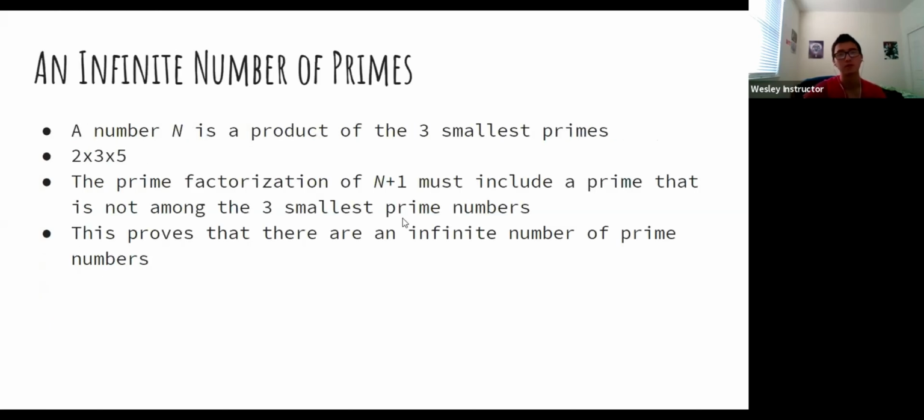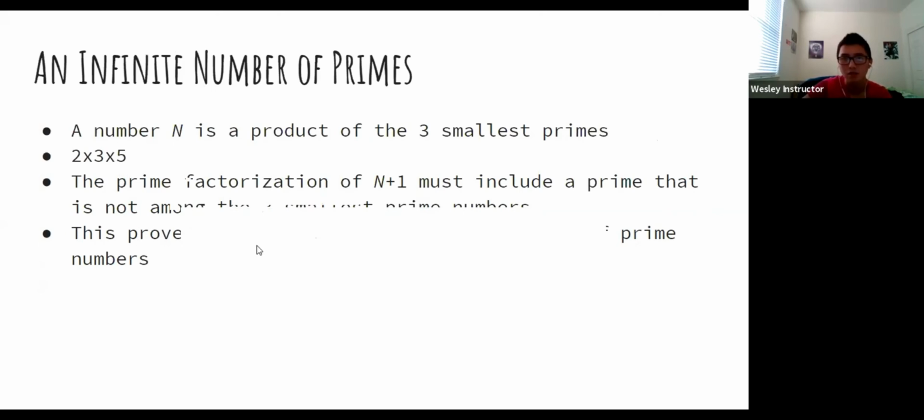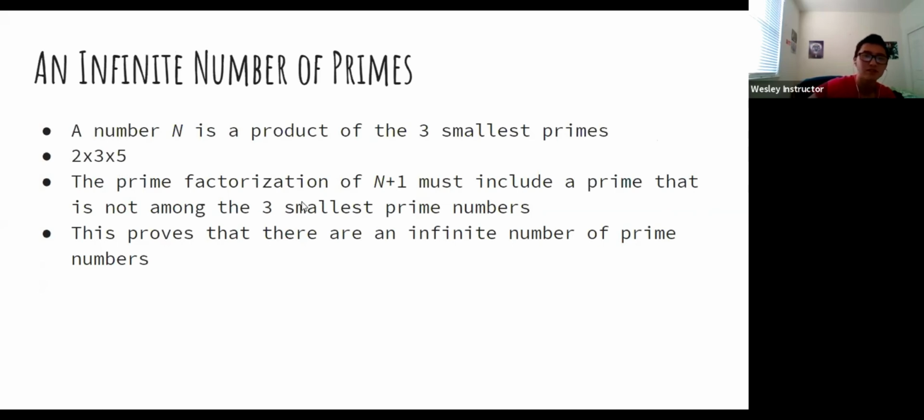Right, so an infinite number of primes. So this is why. A number n is a product of the 3 smallest primes, 2 times 3 times 5. That number is 30. The prime factorization of n plus 1 must include a prime that is not among the 3 smallest prime numbers.